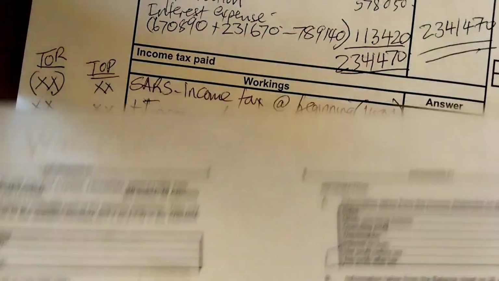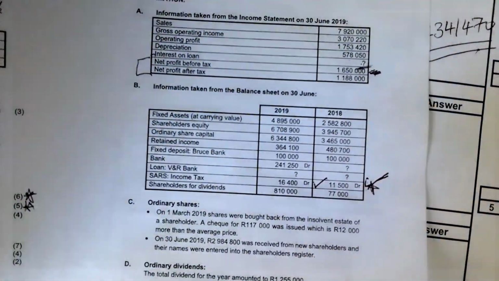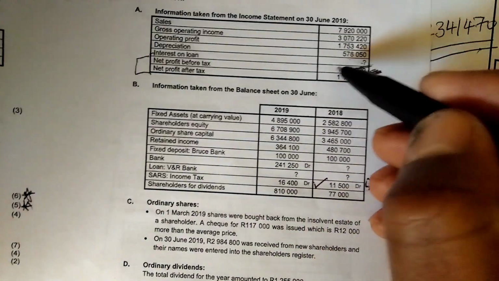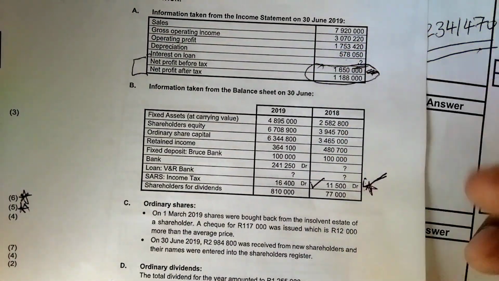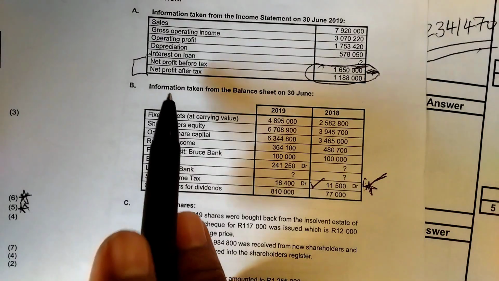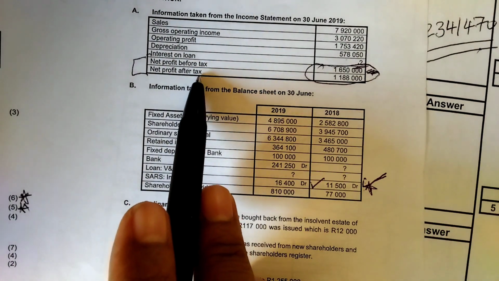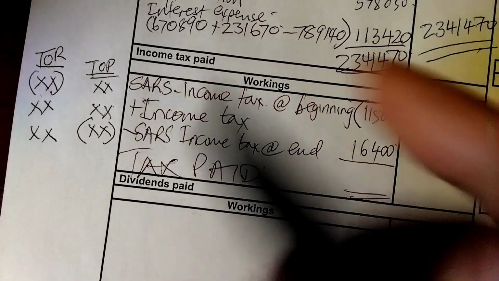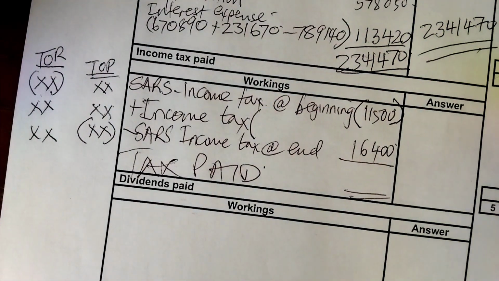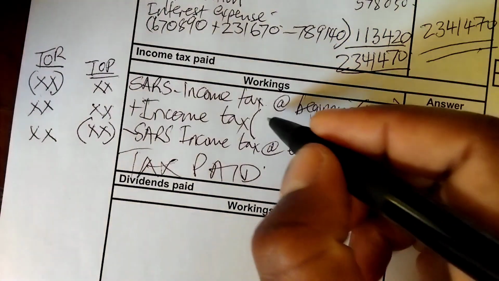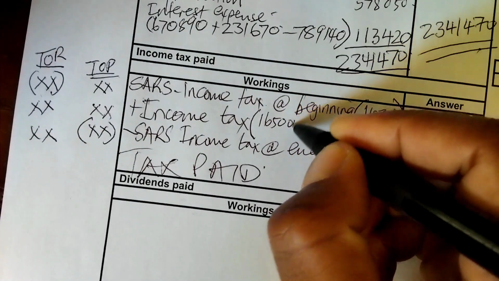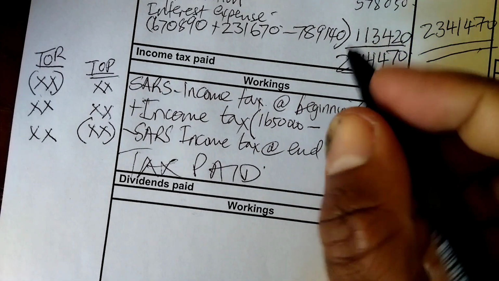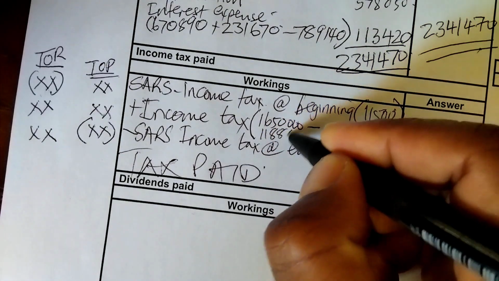Then to get our tax, remember we are not given the tax, so we need to calculate it ourselves. So the tax is going to be calculated by saying your net profit before tax minus your net profit after tax. So in other words, this as well, I want you to put your calculations in brackets. So you're going to put in brackets 1650 minus 1188,000.